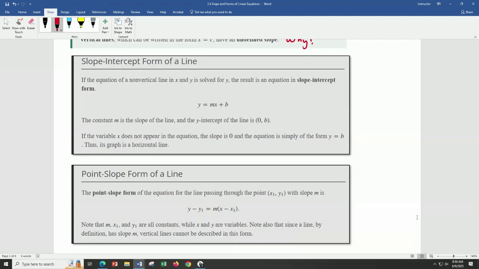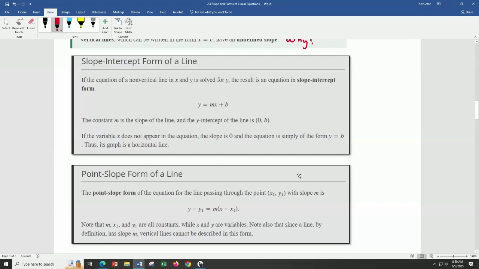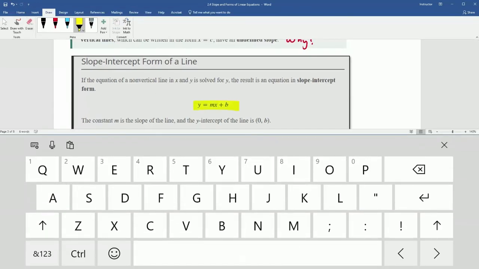If the variable x does not appear in the equation, the slope is 0 and the equation is simply of the form y equals b. Thus, the graph is a horizontal line, okay? I really don't like their change in terminology from here to there. So I would almost say y is equal to c there. You can say it that way. But we got to stick with the definition at hand, which is this guy right there.